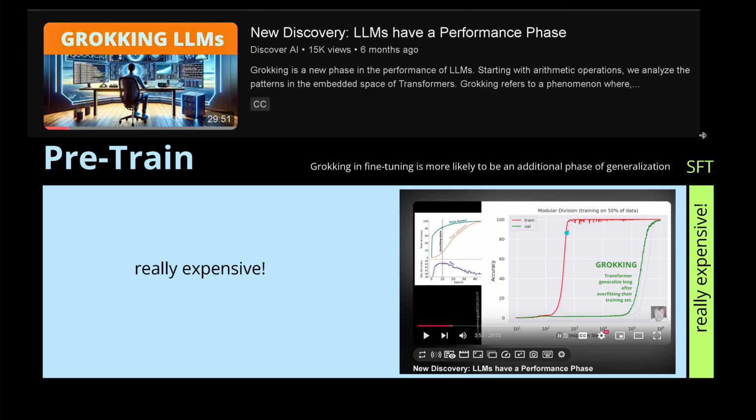Theoretically, Anthropic or OpenAI or Microsoft could run really long Grokking phases. But the pre-training of a model is really, really expensive. And the new Llama 3.3 is not pre-trained. They took the old pre-trained Llama 3.1, only applied a new fine-tuning, and then called the model 3.3.